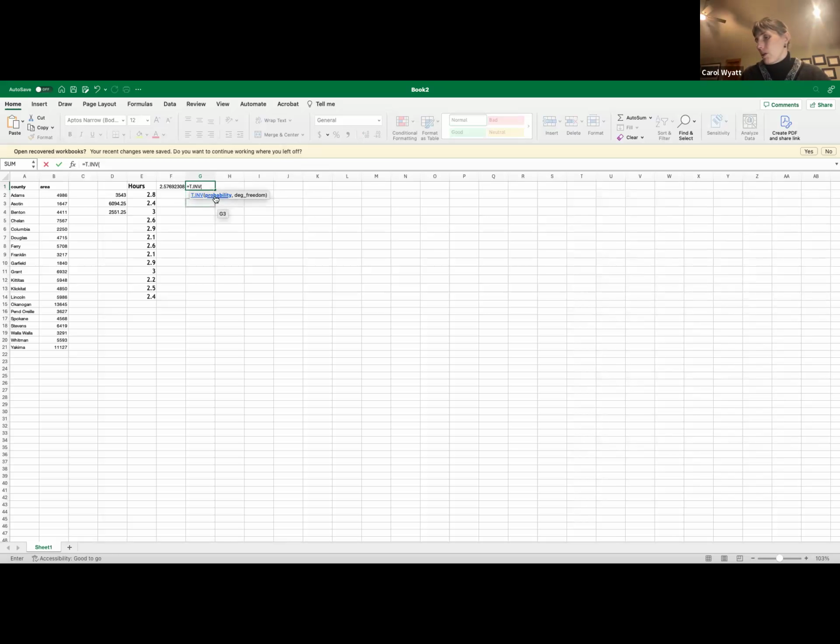All right, our probability for 99% would be 0.05 on the bottom, 0.995 on top. Do that one, that will just give us a positive one. Degrees of freedom on this are 1, 2, 3, 4, 5, 6, 7, 8, 9, 10, 11, 12, 13 minus 1 is 12. And that is our critical value.